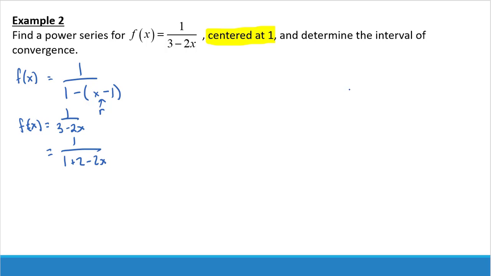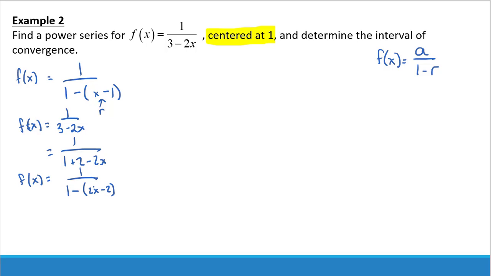Remember, our function is a over 1 minus r. So if I write this as 1 minus, I factor out a negative from both of those terms, I get 2x minus 2, which, when technically solving that, gets us to x minus 1.